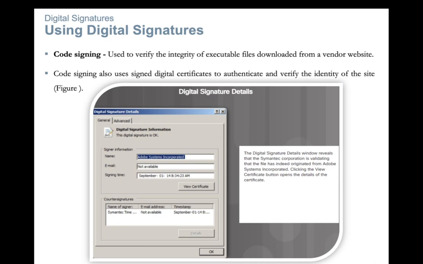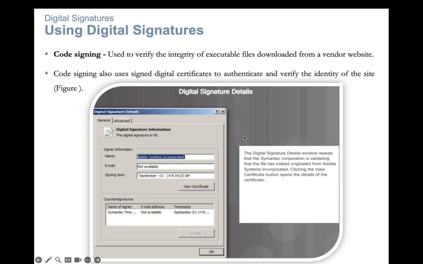Code signing is used to verify the integrity of executable files which are downloaded from a vendor's website. Code signing also uses a signed digital certificate to authenticate and verify the identity of the site.